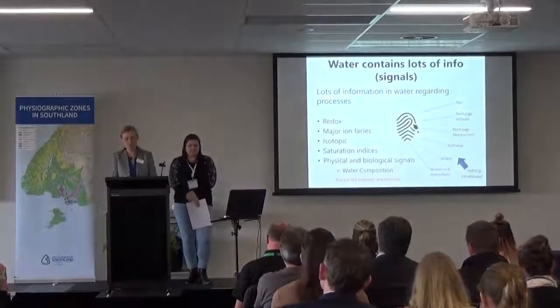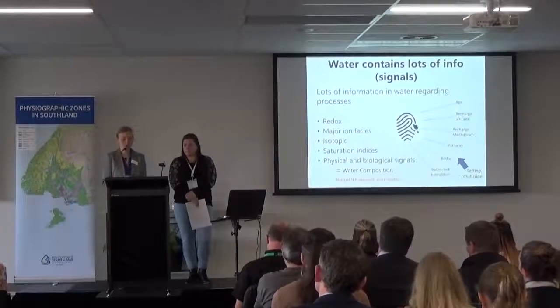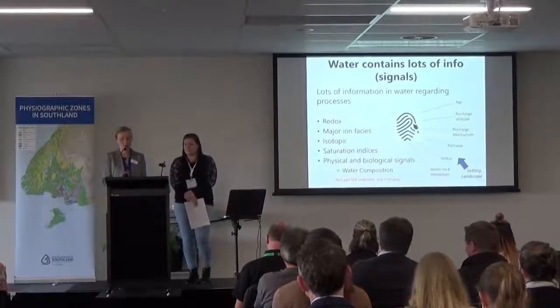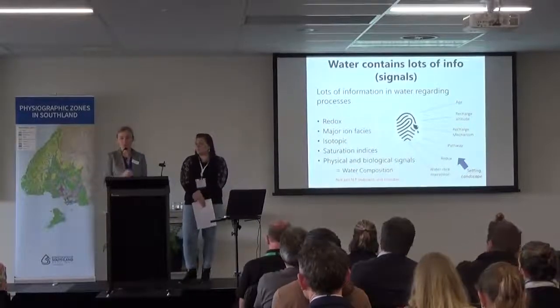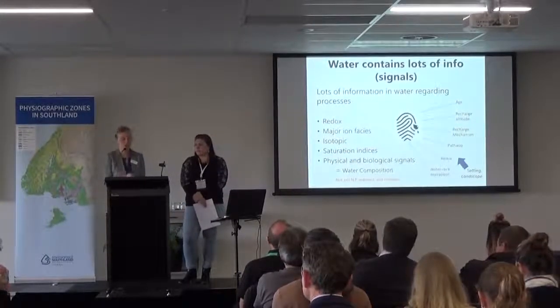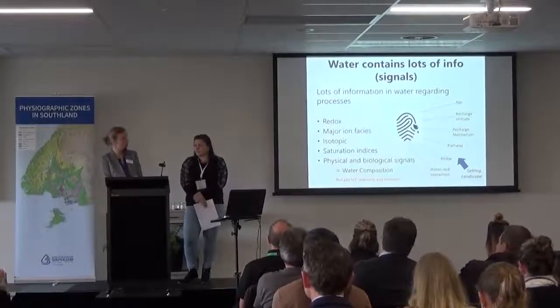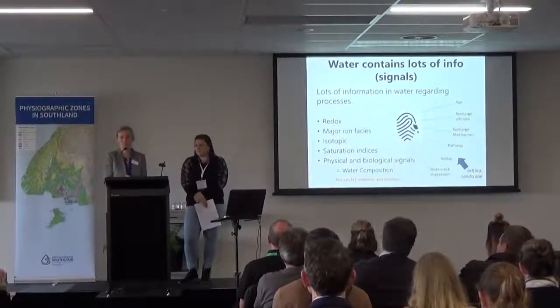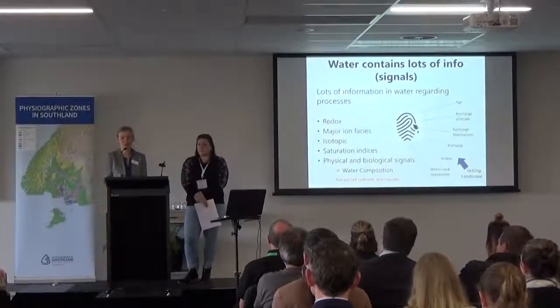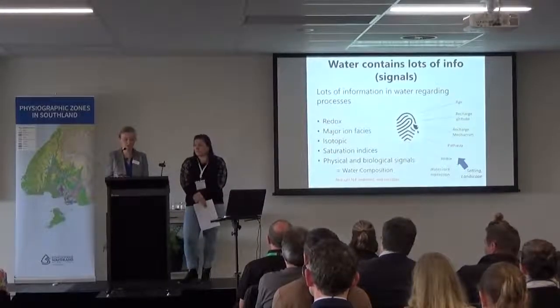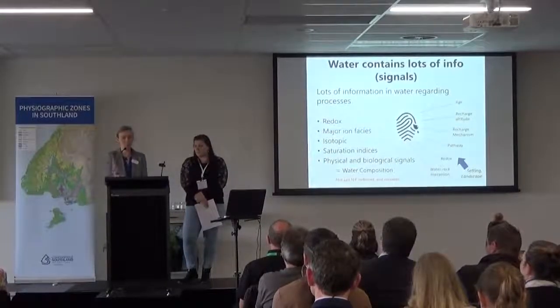What's really the fundamentals of the science part was that water composition contains information on the sources and the pathways the water has undergone. So for example, redox indicators. These include dissolved oxygen, nitrate, iron, manganese, major ions, which include things like potassium, calcium, chloride, and a whole lot of other parameters and metrics.